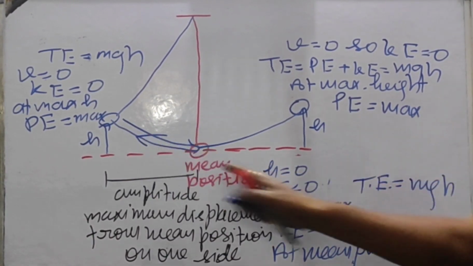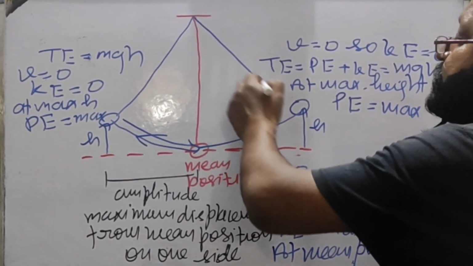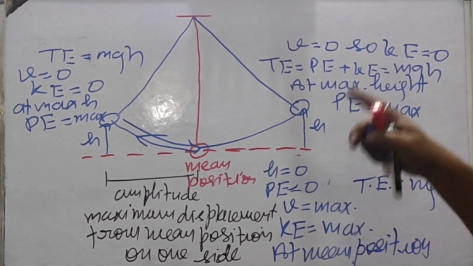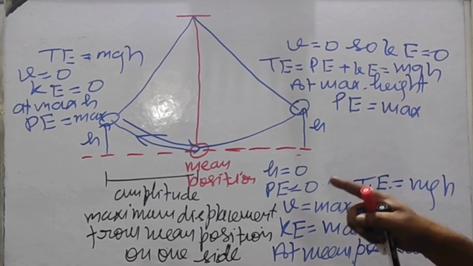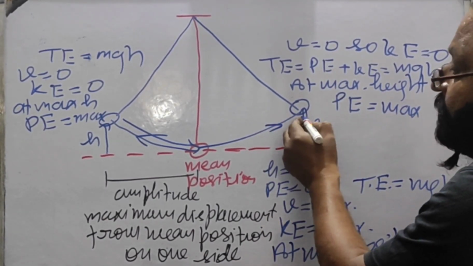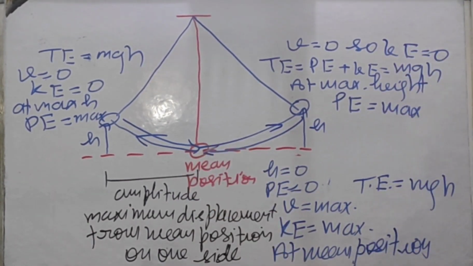So at every point, the sum of potential energy and kinetic energy is the same during the oscillation of the pendulum, and then it is going here and it will come back to one oscillation, right?